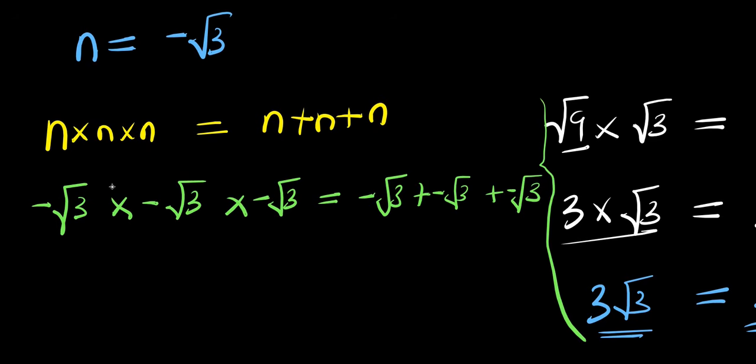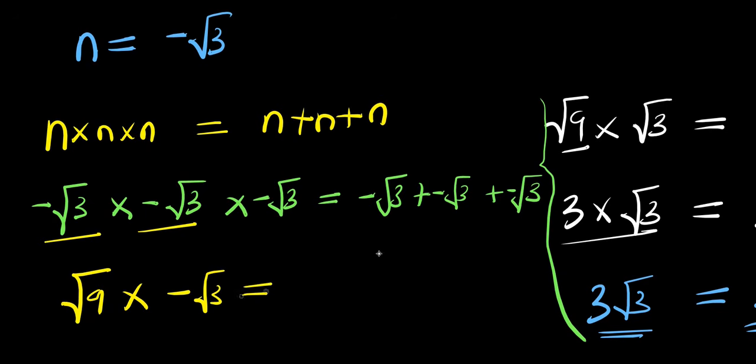So negative root 3 times negative root 3. Negative times negative is positive, so this is positive root 9 times negative root 3. And this equals, the coefficient here is negative 1. The coefficient here is negative 1. Negative 1 root 3 plus negative 1 root 3. This is negative 2 root 3. Then we have plus times minus root 3 will give you minus root 3. And the coefficient here is negative 1.